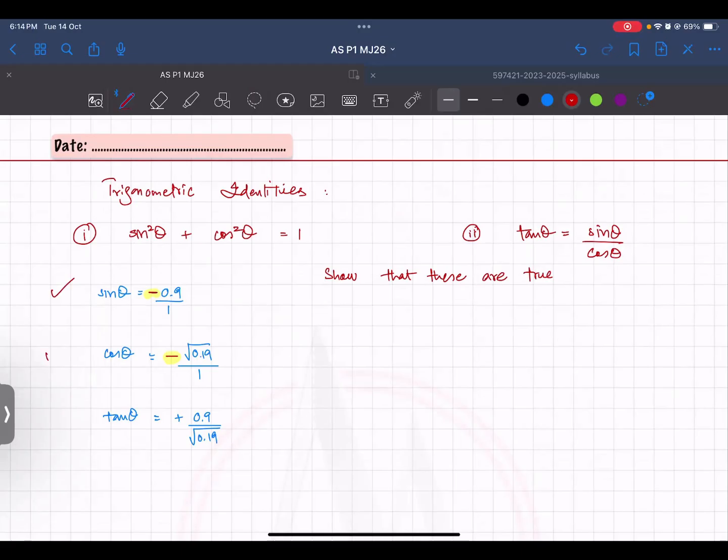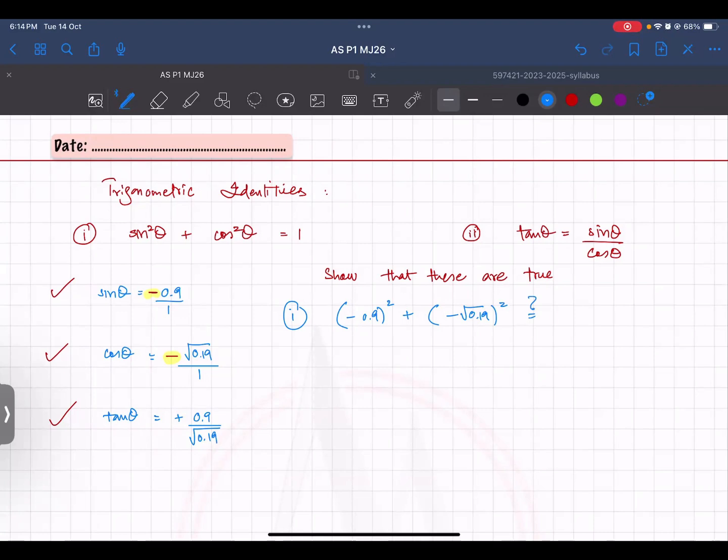So we have these three things from the previous example we did, and now if I put them in the first identity, look, sine square theta would be minus 0.9 square, because sine value is negative 0.9. So sine square is negative 0.9 square plus cos square. So cos value is negative square root 0.19, squared.